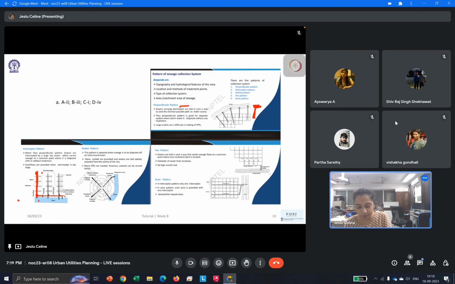Whereas in the perpendicular pattern that is not possible. It's directly connected through the shortest distance to the outlet, wherever you are planning to finally dispose of it.